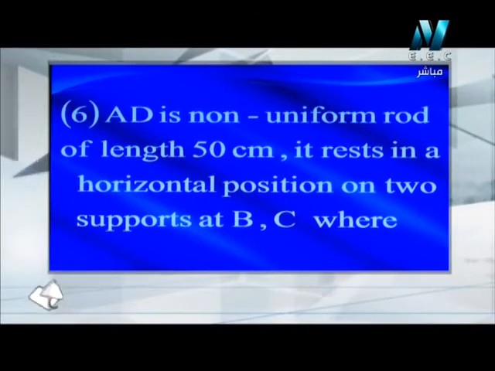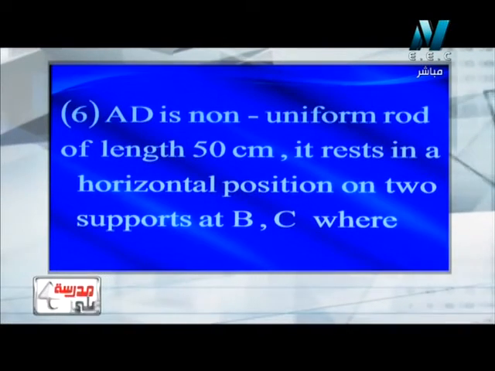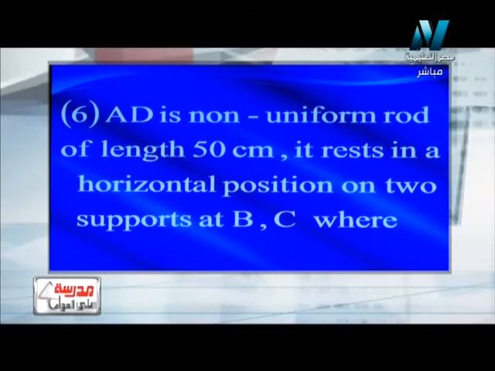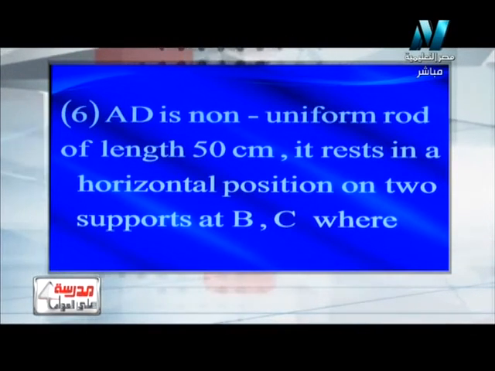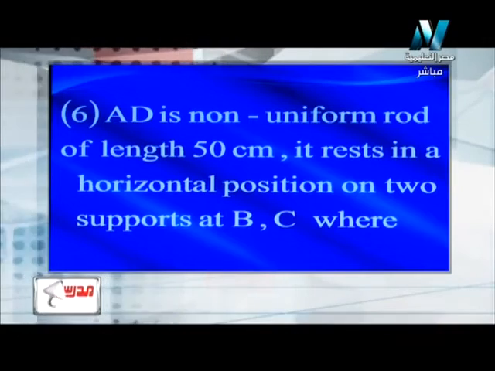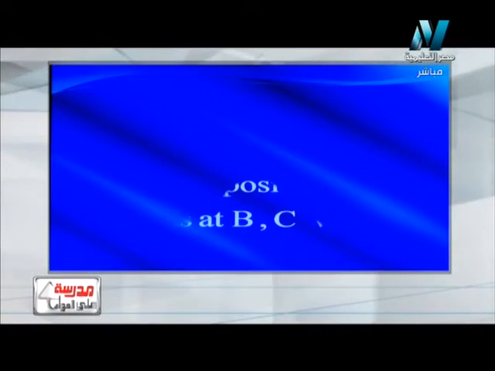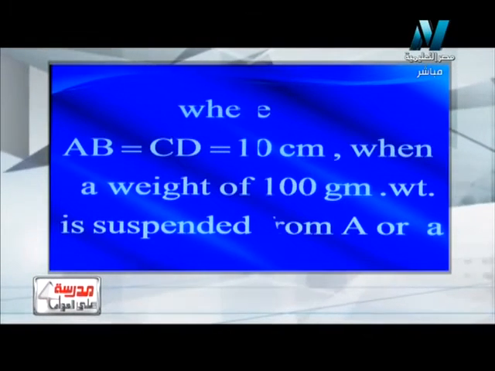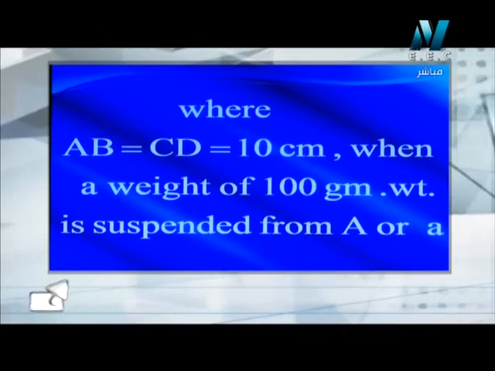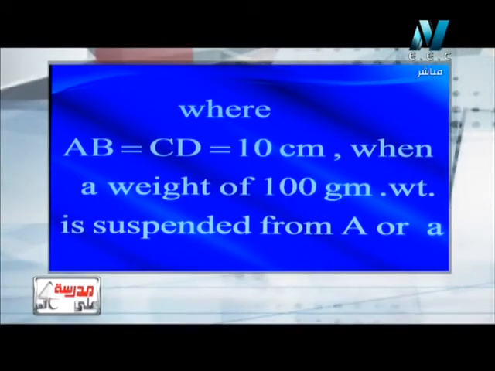All right, now let us move on to another example, and this one says AD is a non-uniform rod of length 50 centimeters. It rests in a horizontal position on two supports at B, C, where AB equals CD equals 10 centimeters.